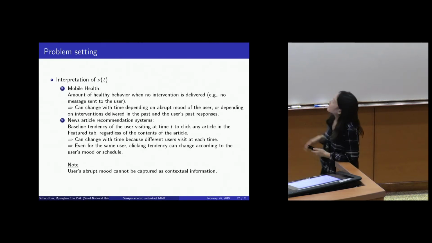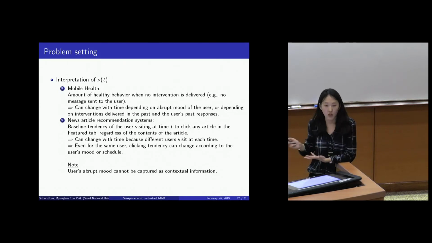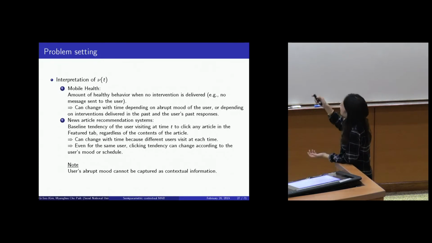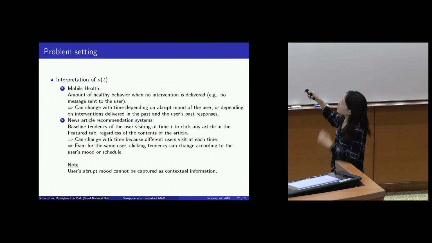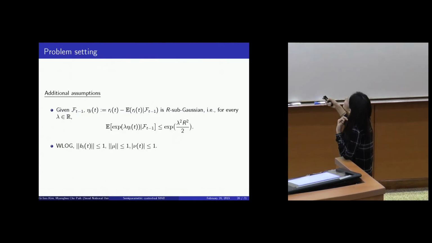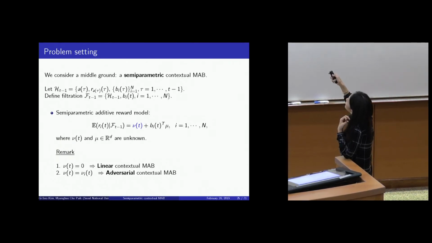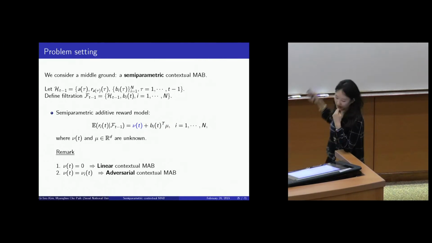And even for the same user, the clicking tendency can change according to the user's mood or schedule. And the important fact is that such kind of user's mood or schedule cannot be captured as the side information. Therefore, this cannot be kept here. So they should be dealt with here.